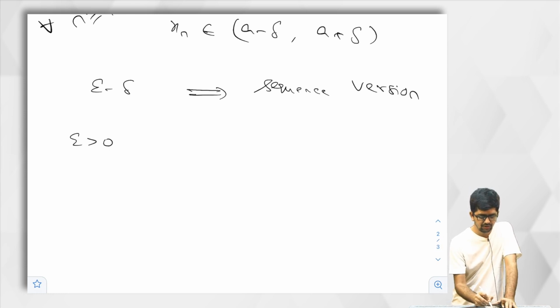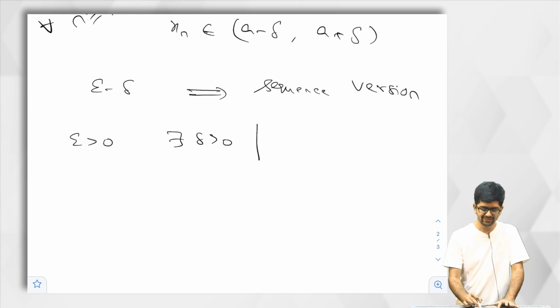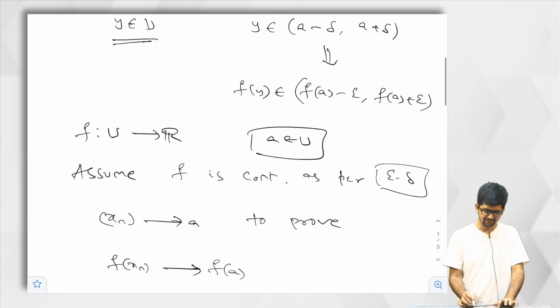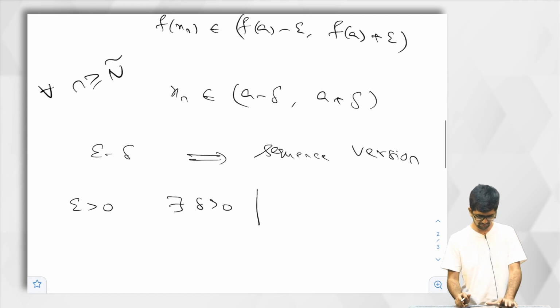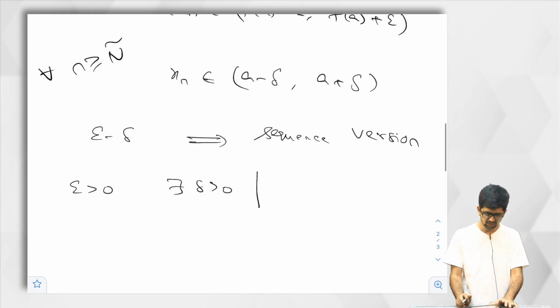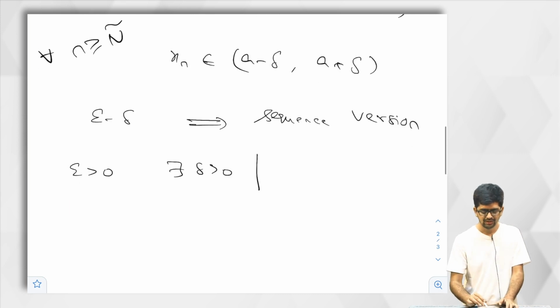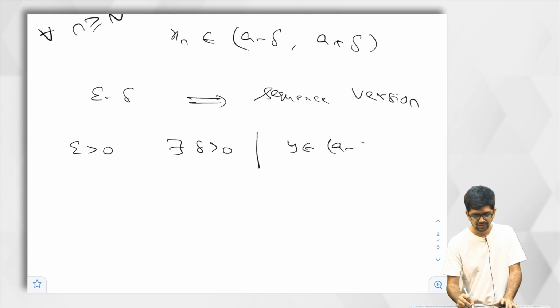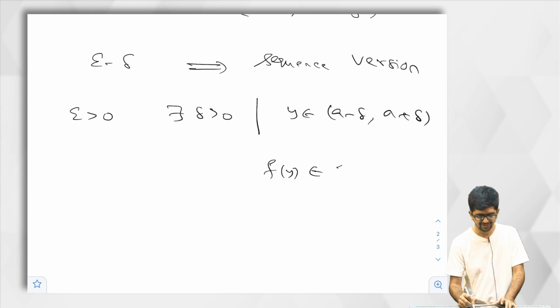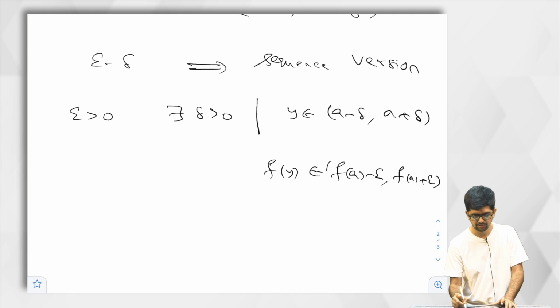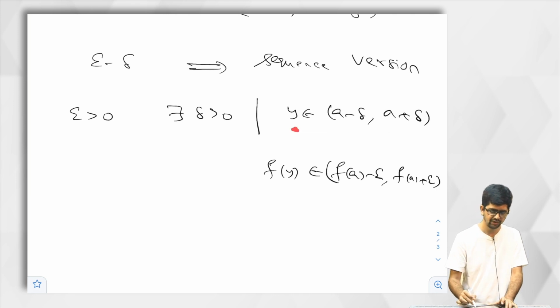Starting with epsilon positive, we should look for a delta positive such that, see, all these I am fixing A. After fixing A only, we are proceeding further. So given epsilon positive, we should find a delta positive such that whenever y belongs to (A minus delta, A plus delta), we should have f(y) belongs to (f(A) minus epsilon, f(A) plus epsilon). This is what we need to prove.